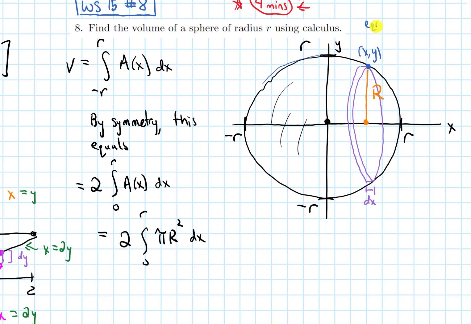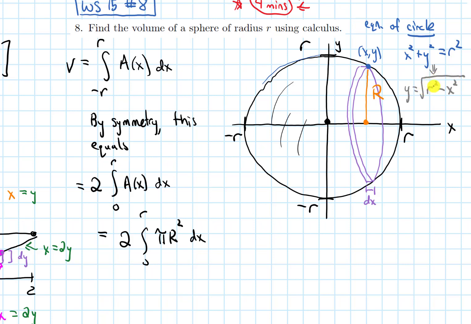So the equation of the circle, just the circle, not the whole sphere, is x squared plus y squared equals little r squared. To find big R, I need the y coordinate, so I'll isolate y.